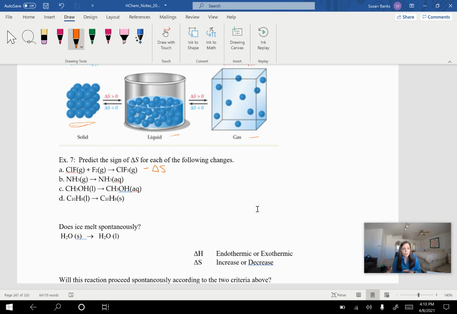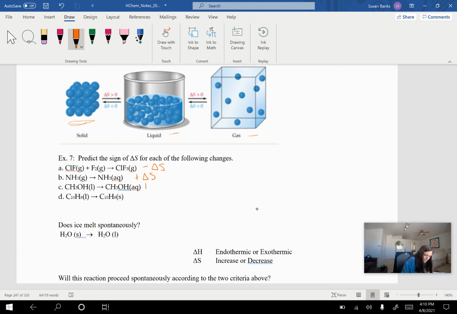We have ammonia with a mixture. So that is actually creating more chaos in that system by creating that mixture. Okay? C, we have methanol going from a liquid to being dissolved in water. Once again, a pure liquid then being dissolved in water with a mixture. Mixtures are a lot more chaotic. So this is a positive delta S here.